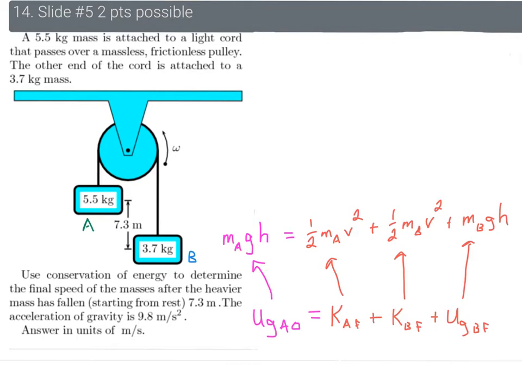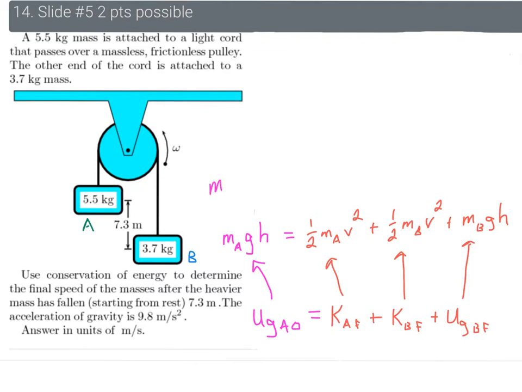Alright, we know all of those variables. I know both masses, I know gravity, I know the heights are technically the same. So now we just need to start cleaning up the equation. I'm just going to keep moving my equation up, and let's get similar variables on the same side. That's my first order of business.